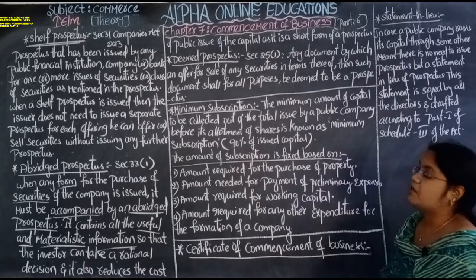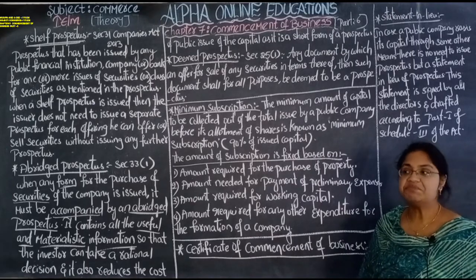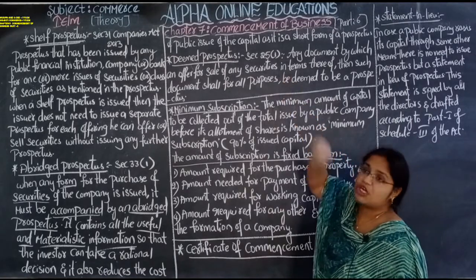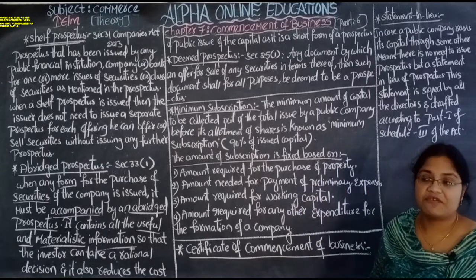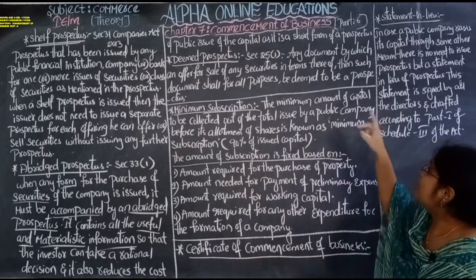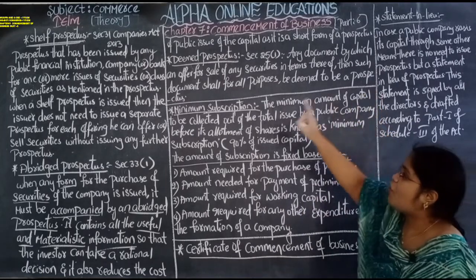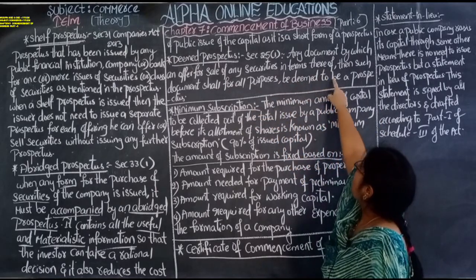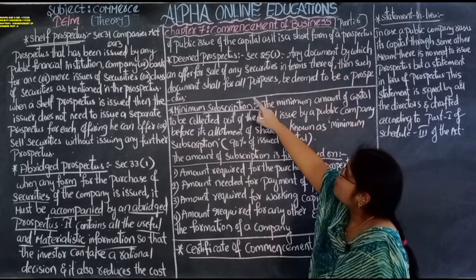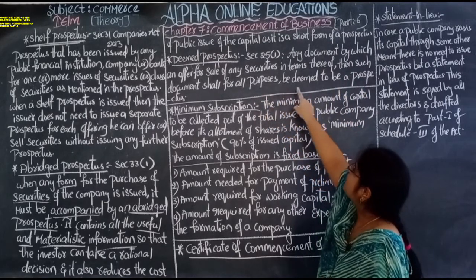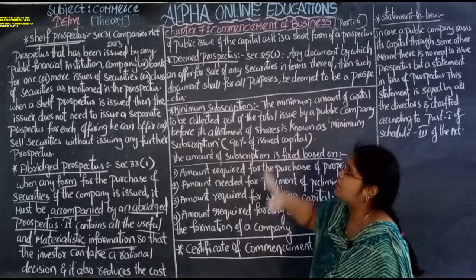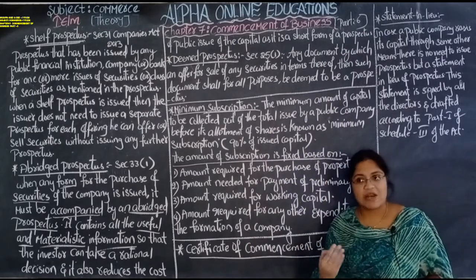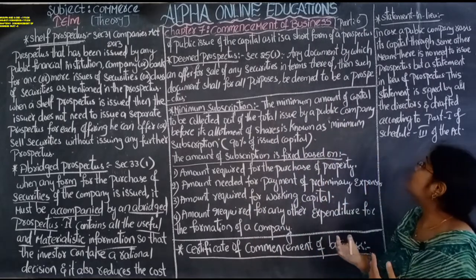Deemed prospectus. Okay, next one is deemed prospectus. According to Section 25 subsection 1, any document by which an offer for sale of any security is made shall for all purposes be deemed to be a prospectus.